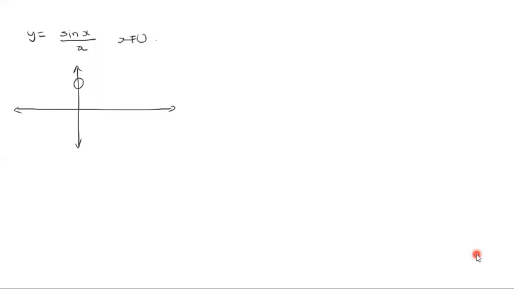And let's just say that it looks like this. I'm not going to draw the whole graph out. So let's consider as x approaches 0 from the positive side, what does y approach?